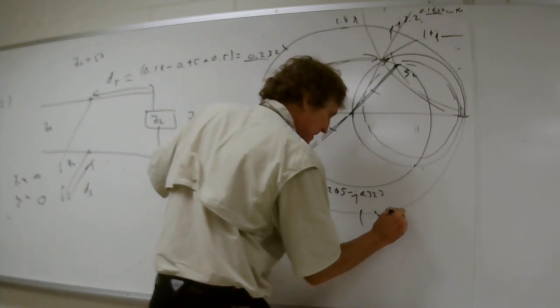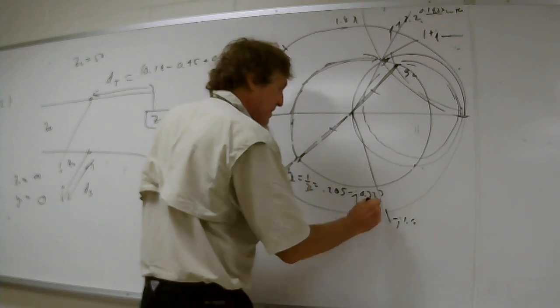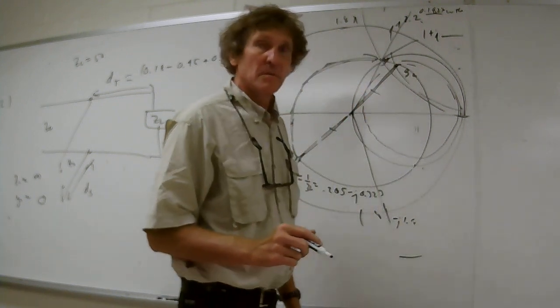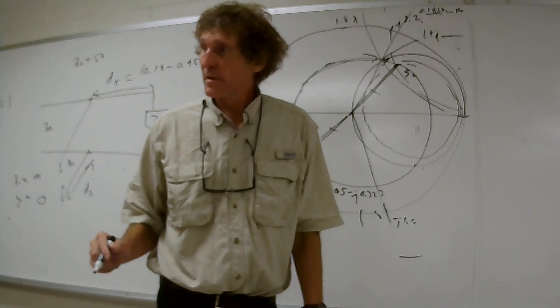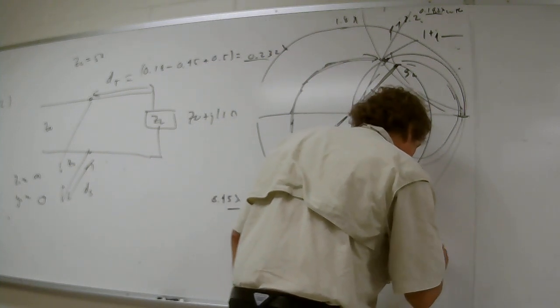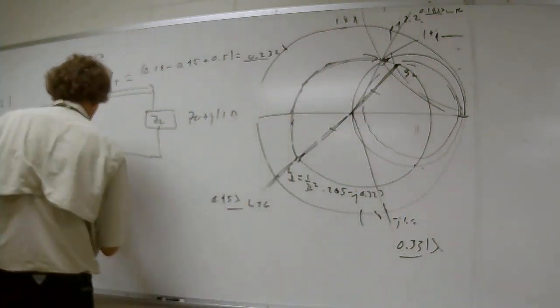So it's minus J 1.8 here, and you shoot a line right through there. And what's the mile marker on that? 0.321? Is that right? That would be the total distance for this stub.